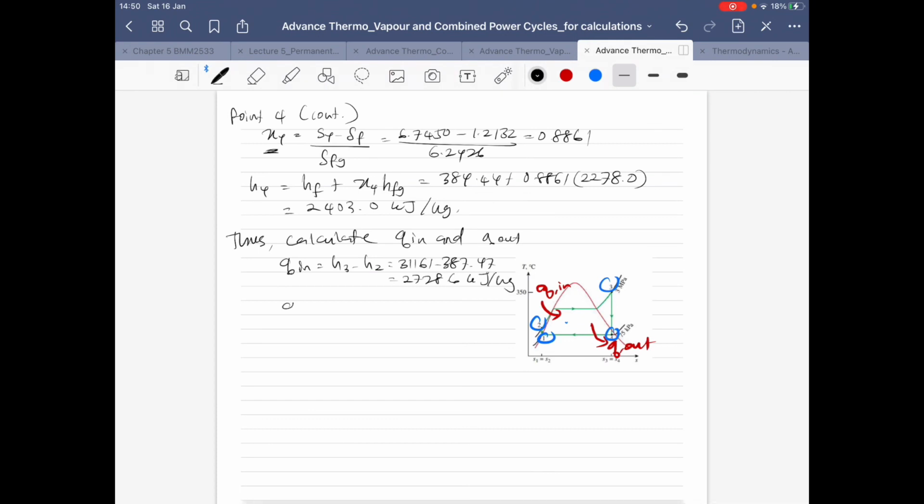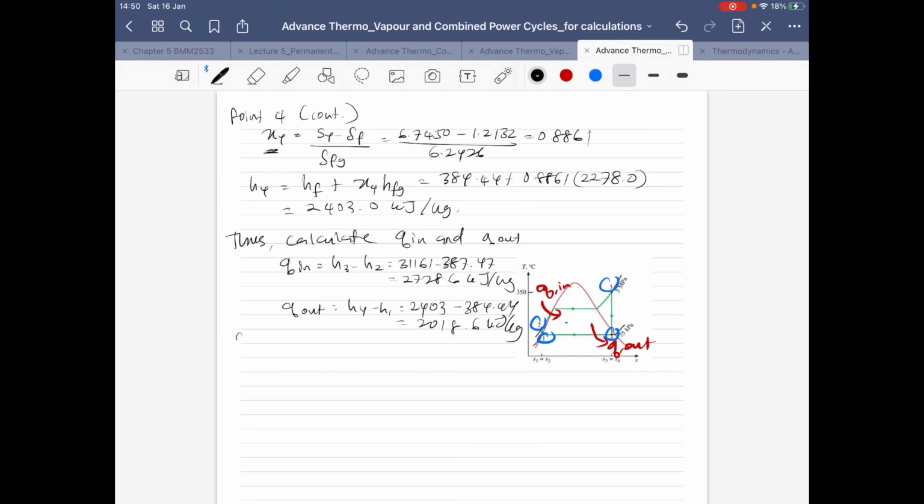For Q out pula adalah daripada H4 minus H1, kan? So 2403.0 minus 384.44 equal to 2018.6.